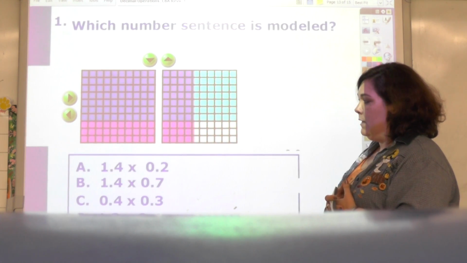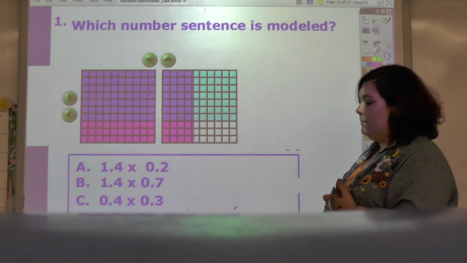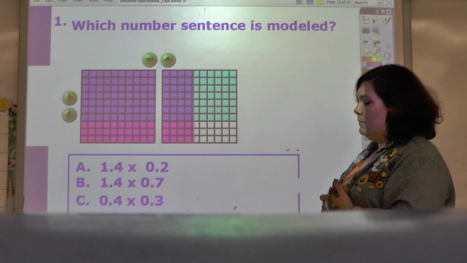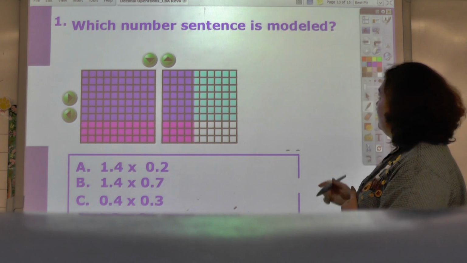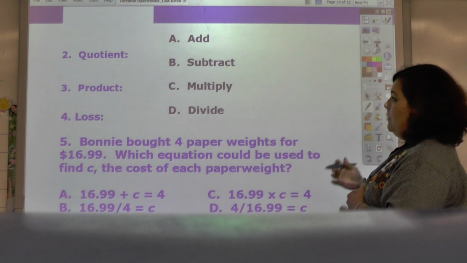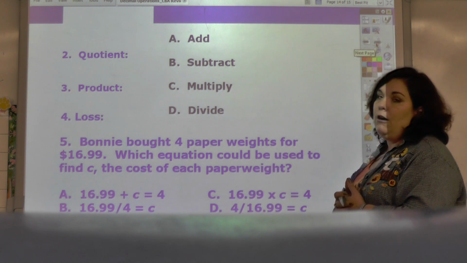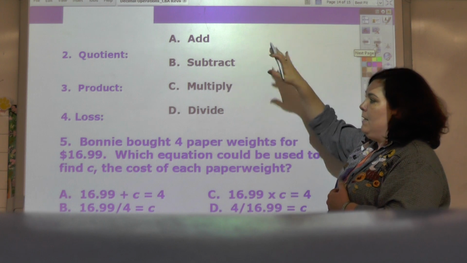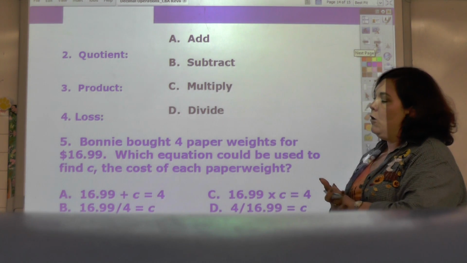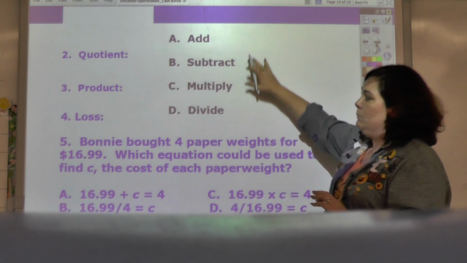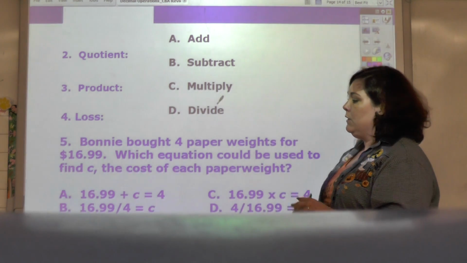And I'll give you a minute to pause to do that. And then here you're going to match up quotient, product, and loss with the words that would mean that. So number 2, 3, and 4 is matching up this multiple choice to these words.